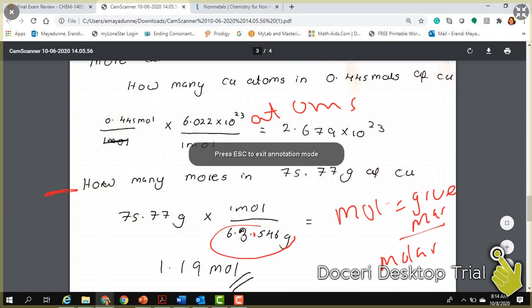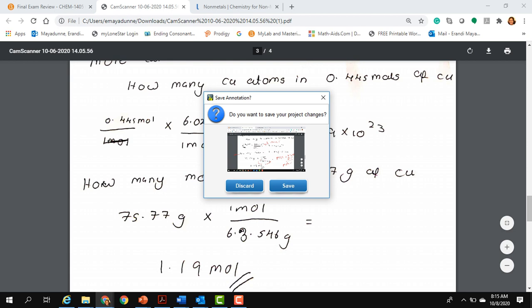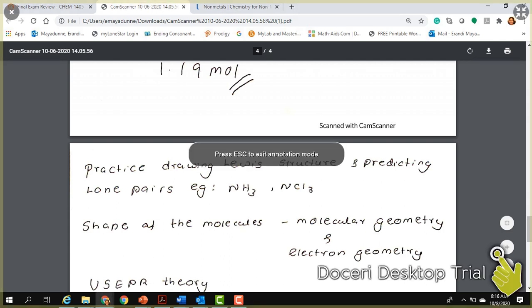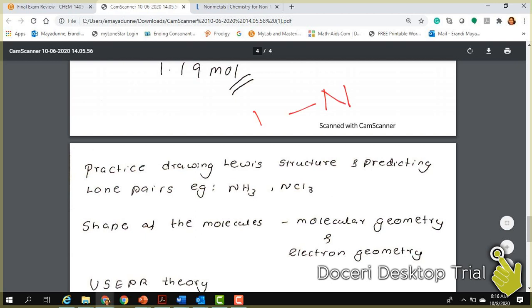And then practice drawing Lewis structures and predicting how many lone pairs. For example, ammonia: nitrogen is the center atom, with hydrogen, hydrogen, hydrogen.